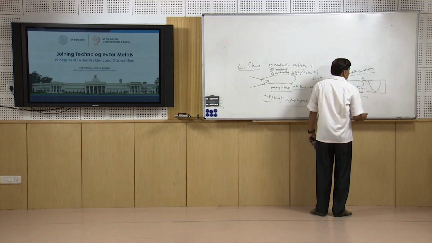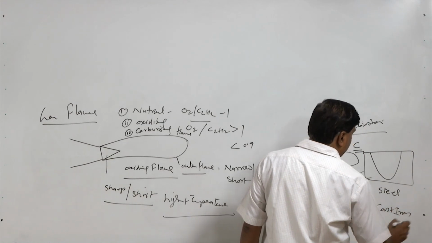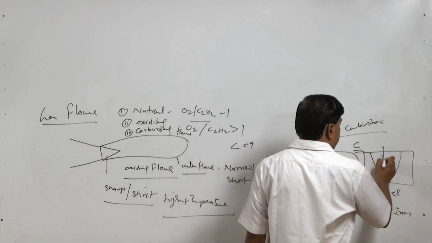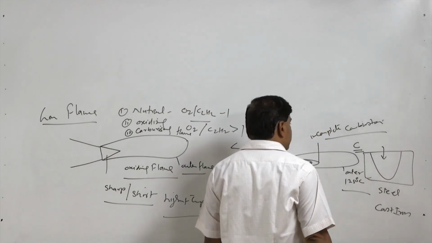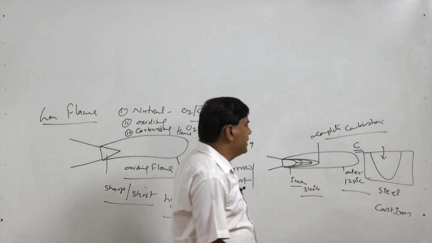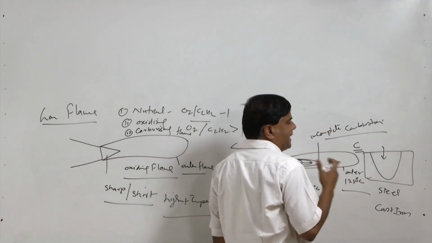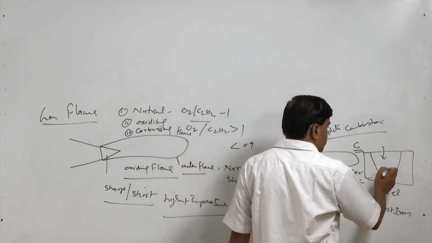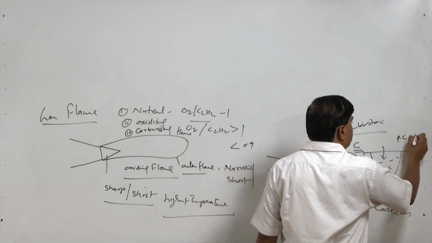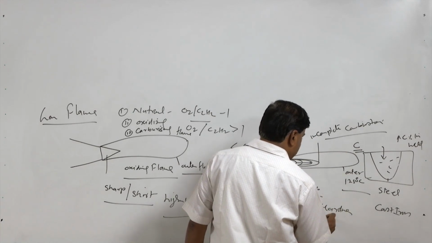This incomplete combustion results in a lot of carbon, which sometimes gets transferred to the weld pool. Especially in the case of steels and cast irons, the carburizing flame has a lot of incompletely burned fuel gases producing carbon, which gets transferred to the weld pool, and thus the increased carbon percentage in the weld increases hardness and strength.